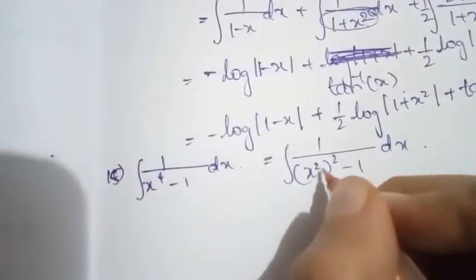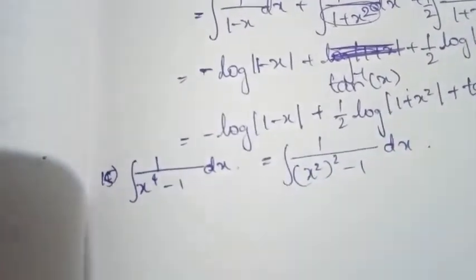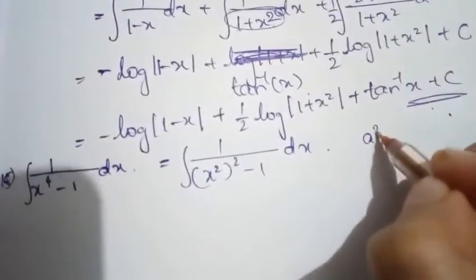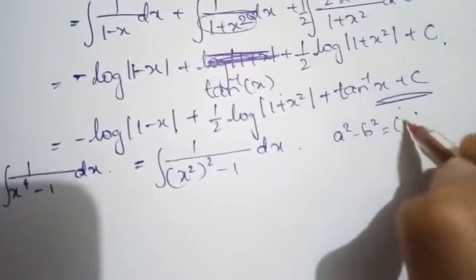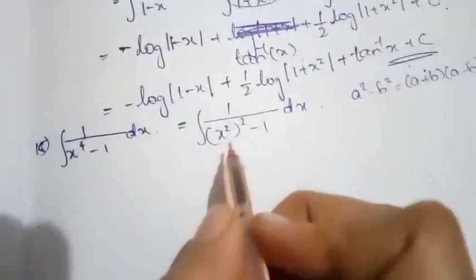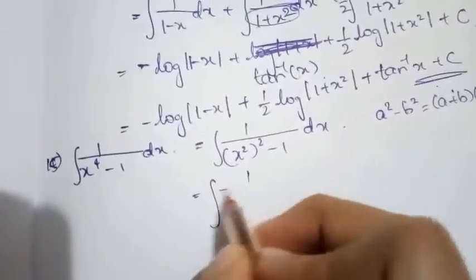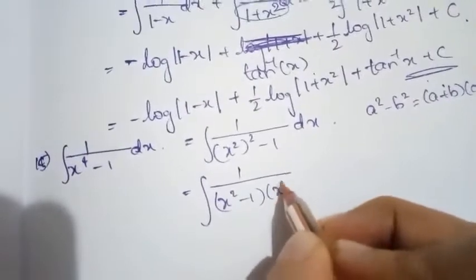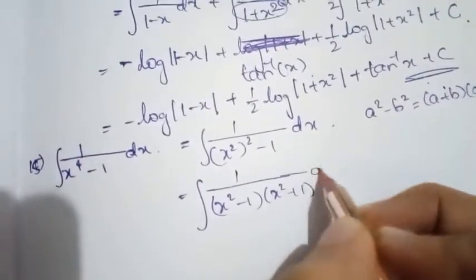If you consider x square as one variable, it is x square whole square minus 1 square, which is in the form of a square minus b square, equal to a plus b into a minus b. So this is 1 divided by x square minus 1 into x square plus 1 dx.